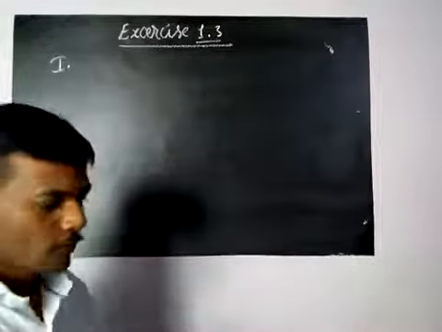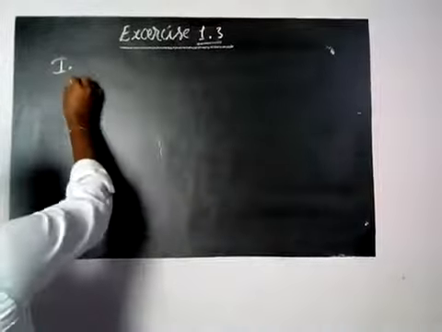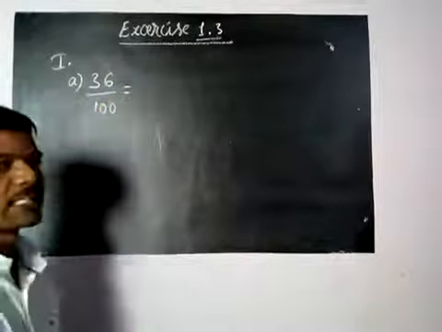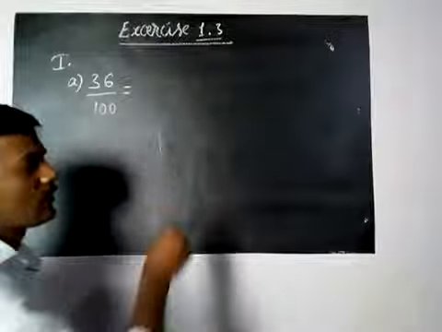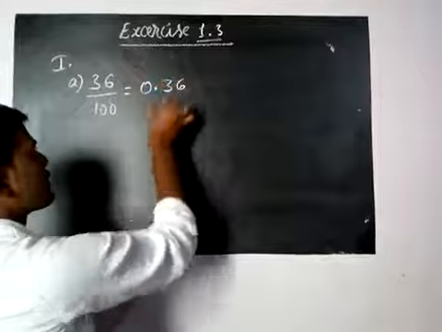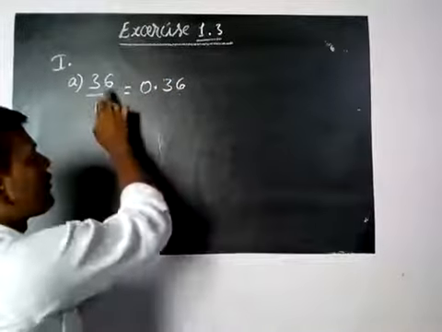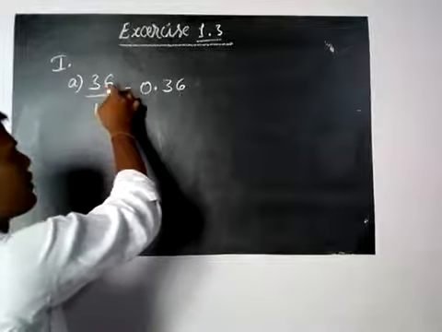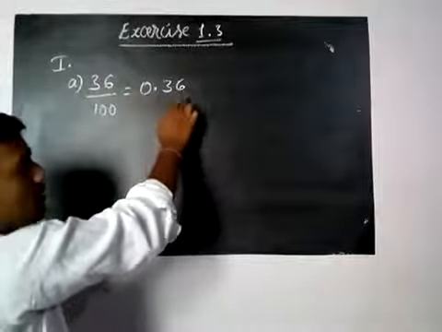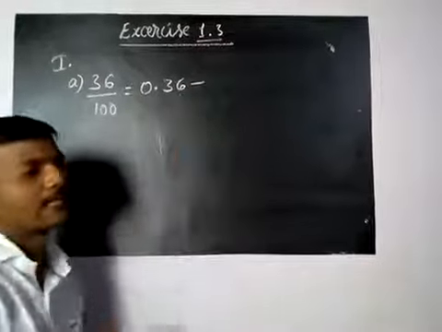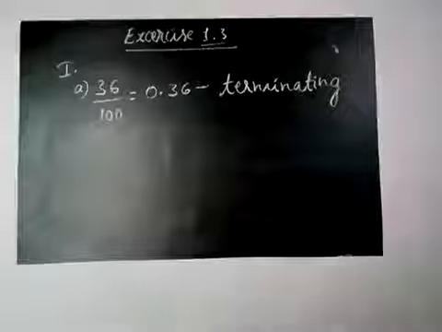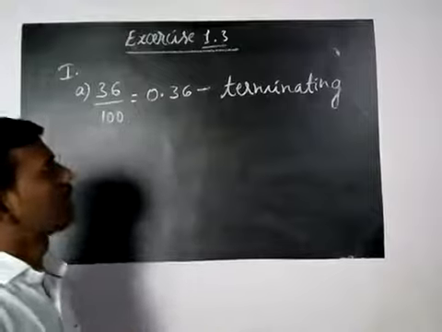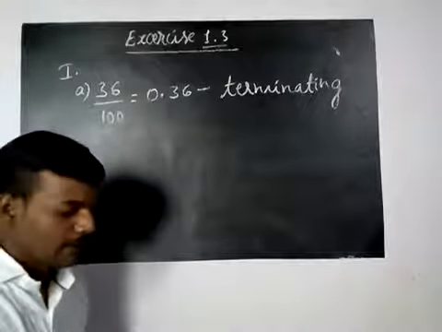Let me take the first example, 36 by 100. The decimal form of this number is 0.36. We have to place the point after two digits because we have 100 there, so two zeros. Count from the right, 1, 2, and then the point: 0.36. The decimal expansion is terminating.